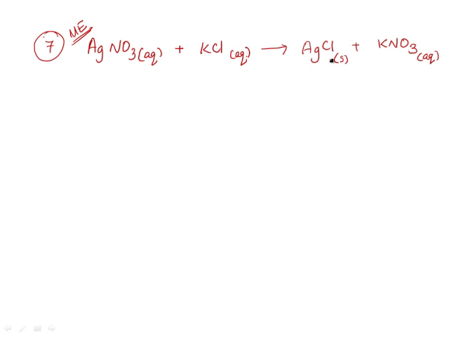Now we have to write the ionic equation. When you have the molecular equation, the rest of the steps are very easy. What do we have to remember when we write the ionic equations? Ionic equation means write species in terms of its ions. But what do we need to remember?